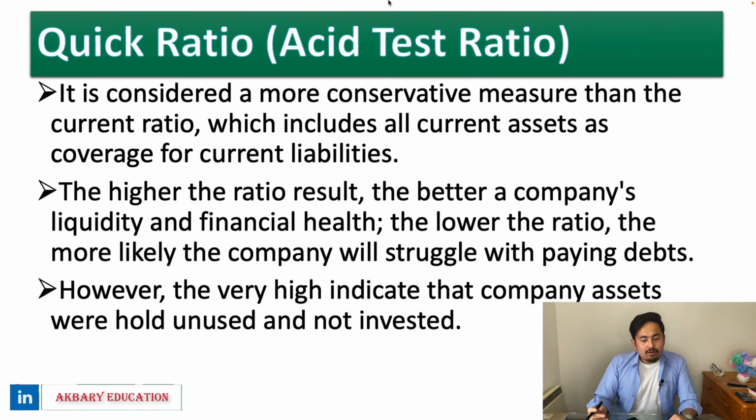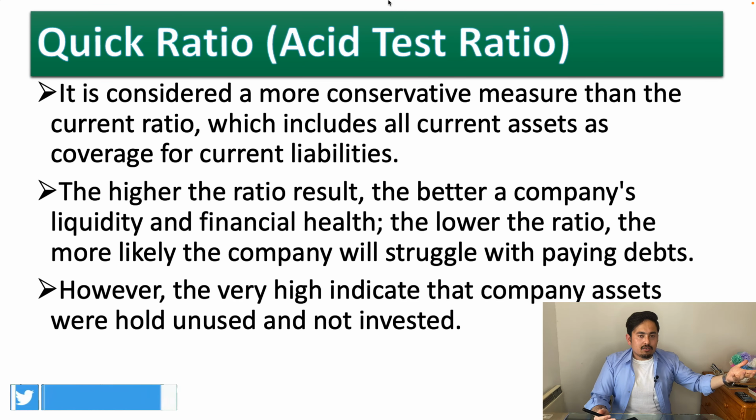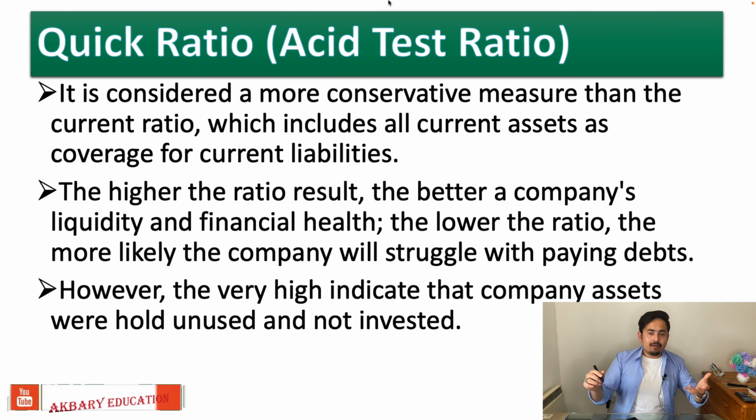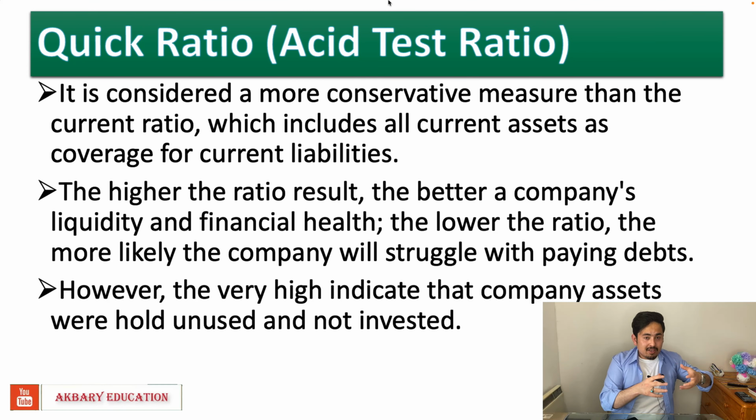However, a very high ratio indicates that the company's assets were held unused or not invested. What does it mean? If they have a ratio of 3, 4, or 10 of the most liquid asset to 1 of the short-term obligation, it means that the company was not able to use these assets to generate more and more income.